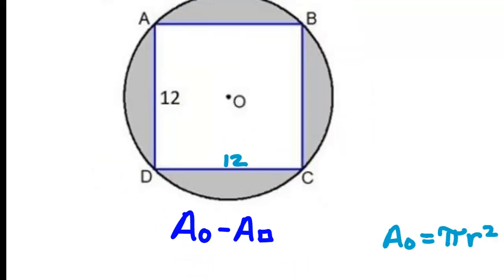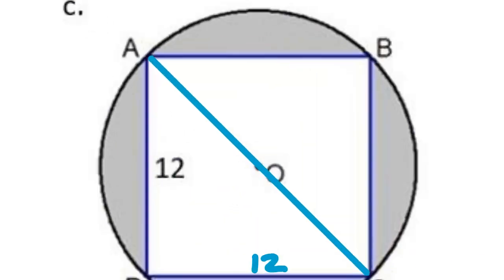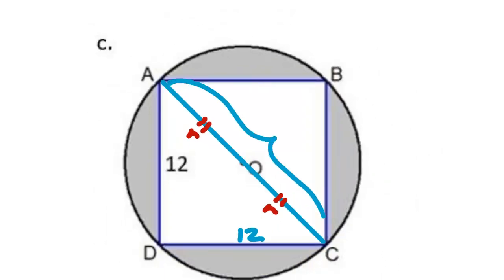In order to find the radius of this circle, I'm going to have to find the diameter, which is this diagonal of the square. Because these two segments will be congruent. This will be a radius and this will be a radius, with the entire diagonal being my diameter.